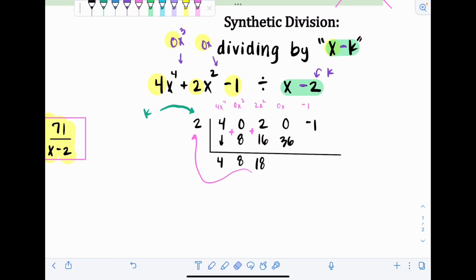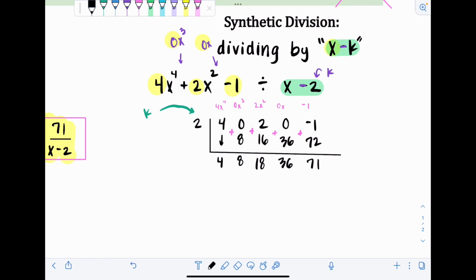And then adding that new column, 0 plus 36 is 36. And then I take that 36 and multiply it by the 2, which is 72. And then I add this last column, -1 plus 72 is 71.